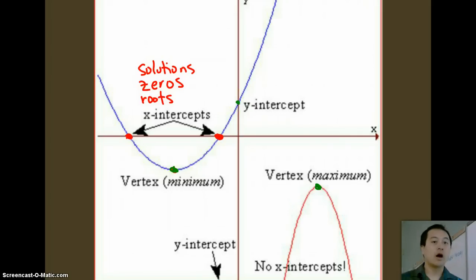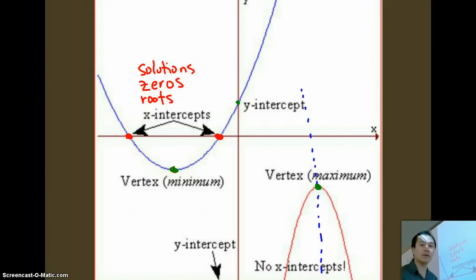All right, very good. Also, parabolas have something called symmetry. That means they're symmetric. If you fold it, the sides will fold right on top of each other. There's something called the line of symmetry. If I draw this line going straight down right here, and I fold the parabola along that line, it will fold on itself.